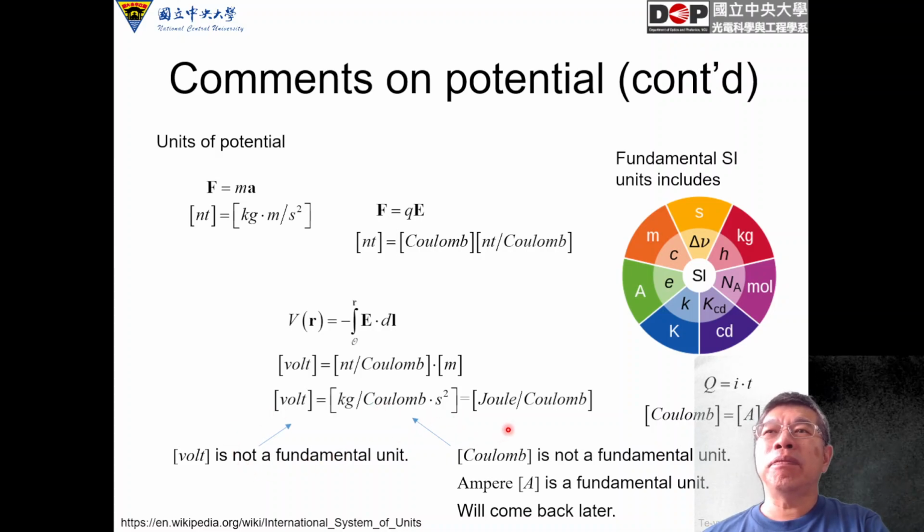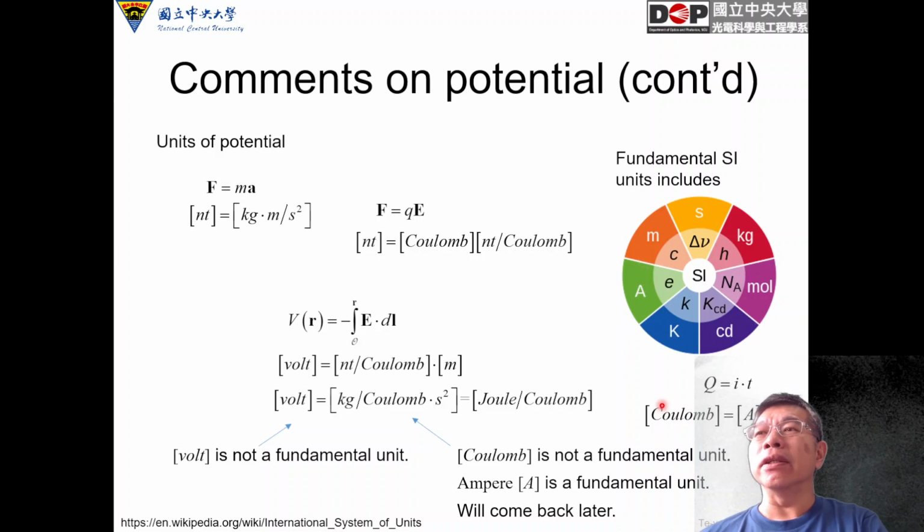But be careful. Typically, the most fundamental units we use are those in SI units. The basic fundamental units are meter, second, kilogram, mole, candela, which describes light strength, Kelvin for temperature, and amp. That's it, these are the fundamental units.